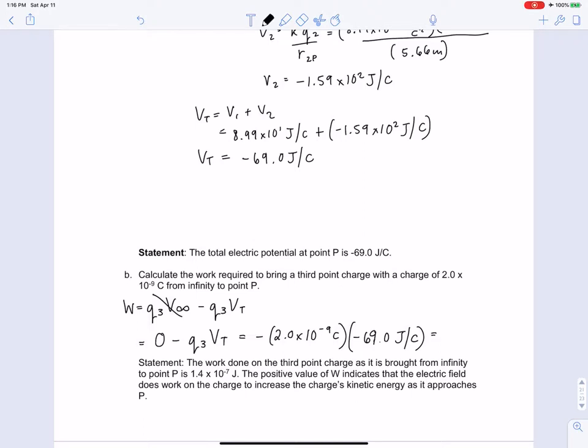If we punch this in, we end up with 1.4 times 10 to the power of negative 7 joules. So the work done on the third point charge as it's brought from infinity to point P is 1.4 times 10 to the power of negative 7 joules. The positive value of W indicates that the electric field does work on the charge to increase the charge's kinetic energy as it approaches P.